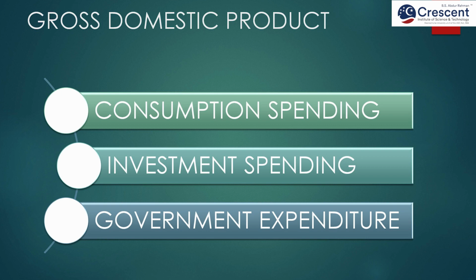Consumption spending. It represents the production of those domestic goods and services which are consumed by the public. Investment spending. It represents using capital for future productive purposes. Government expenditure.